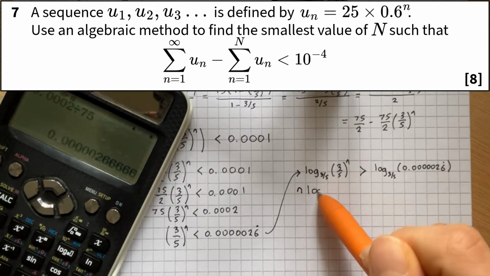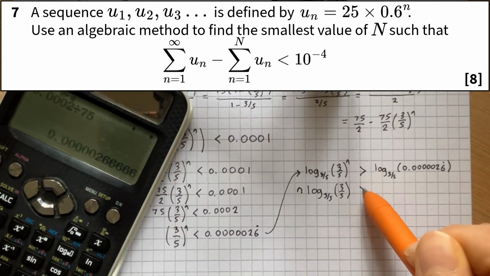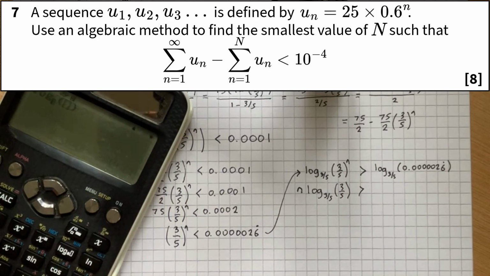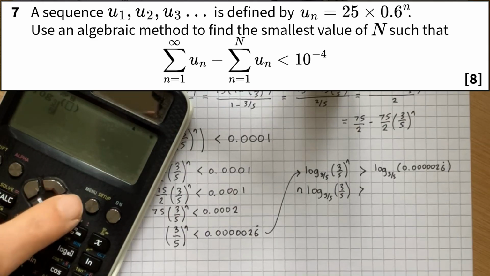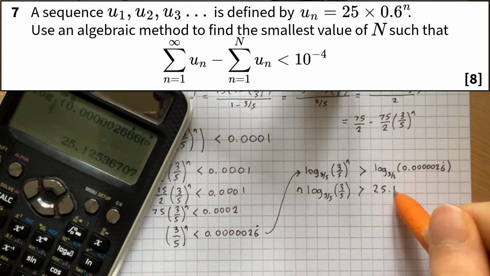We're using log laws now. So we're going to bring down the n like this. And then I'm going to do log 3/5 of this number. I'm going to spam the 6's and the calculator should know what I mean.